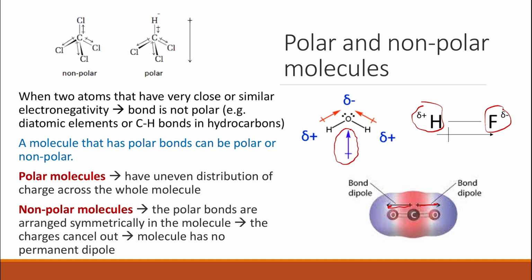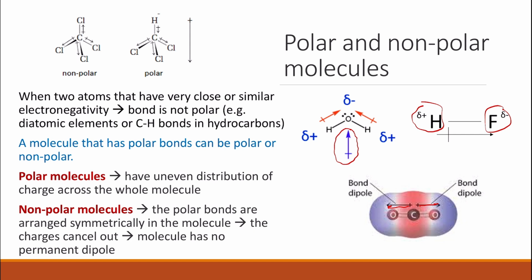You can also see this difference in the case of carbon tetrachloride and trichloromethane. In the case of carbon tetrachloride, or tetrachloromethane, the molecule here is symmetric. The distribution of the dipole moments, or the charge, is symmetric.